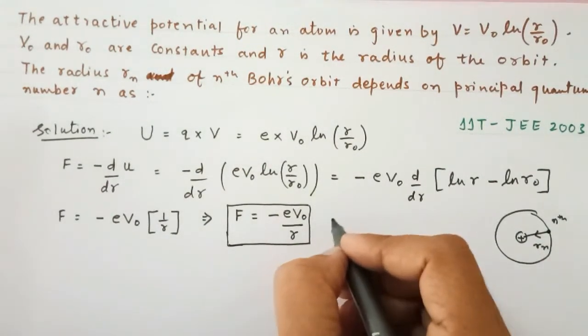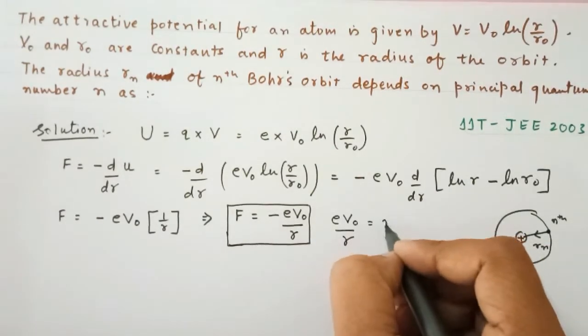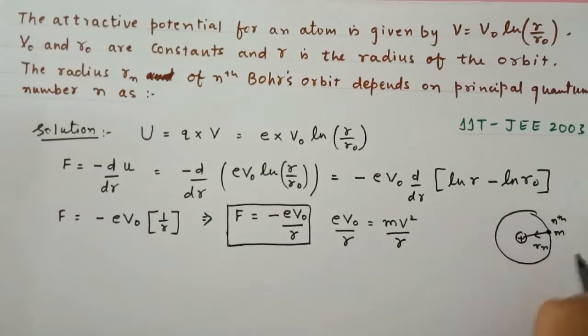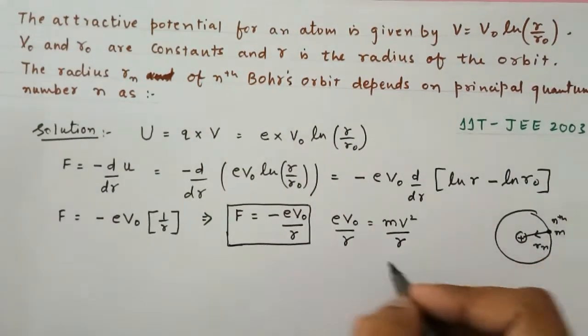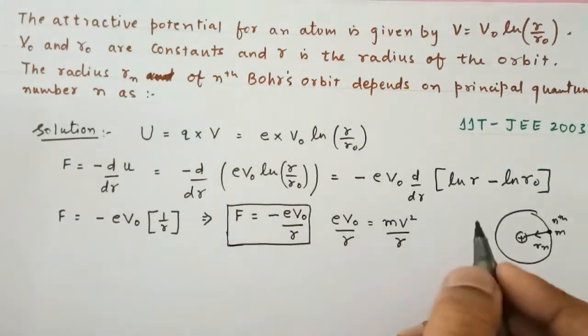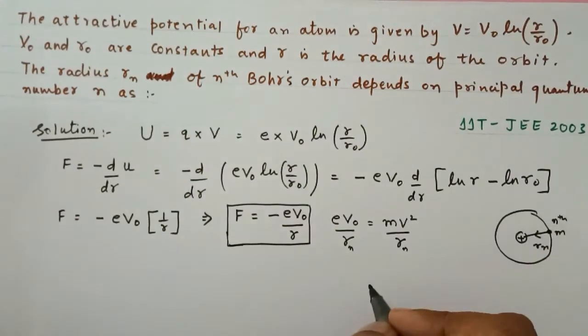So I am going to equate this force e times V0 by r to mv square by r, where m is the mass of the electron, and r is the radius over here. So let's put it as Rn, because here we are talking about the nth orbit.